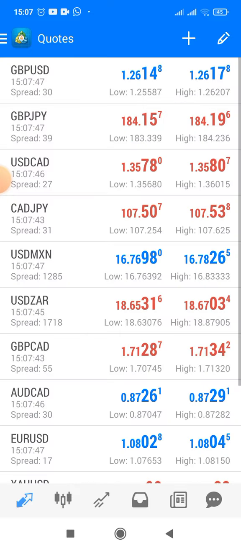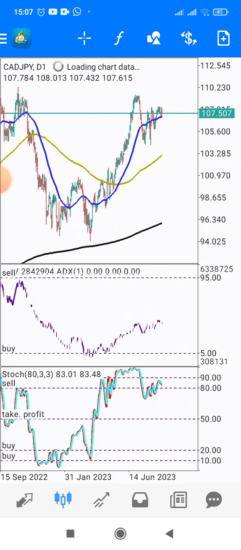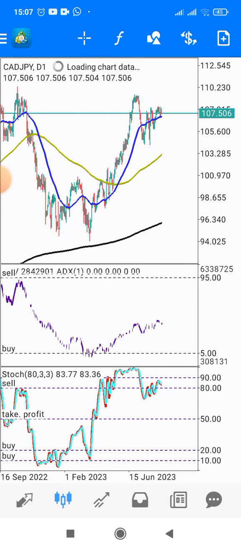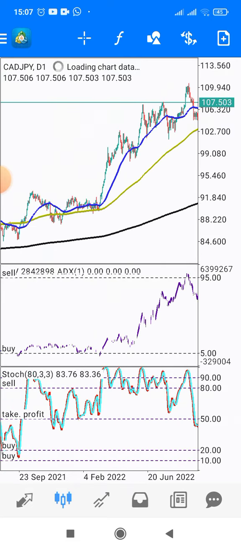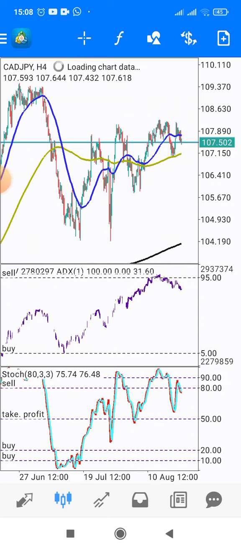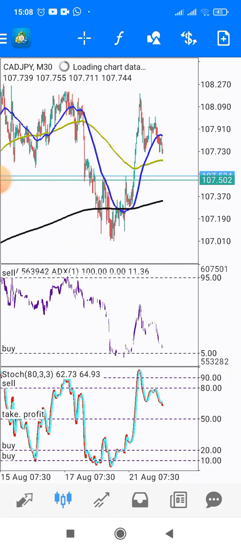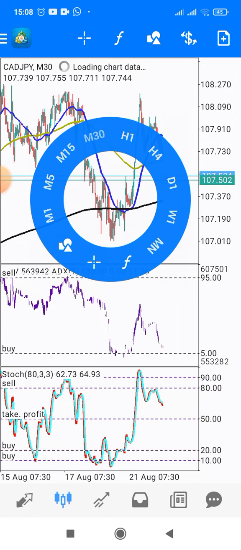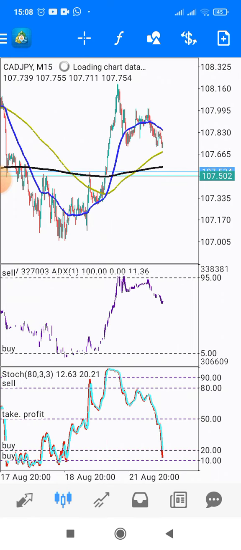Let us go to a different currency, CAD JPY. We can see different time frames. That is the 4-hour time frame. This is the 30 minutes time frame. Then we have 15.